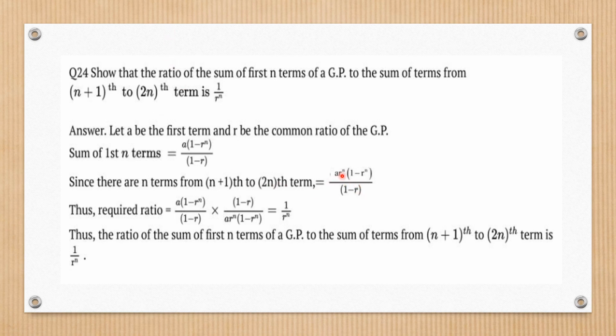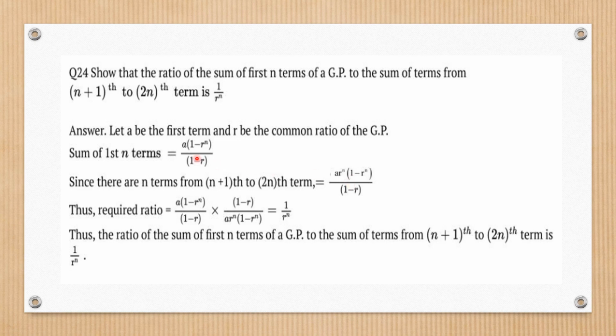The same formula we have to replace this. As for this GP, the first term was a, and common ratio is same for both of them, that is r. So this was your Sn formula, sum of n terms. And now for the sum from n plus 1 to 2nth term, the first term is ar raised to power n and r is same because common ratio is same, so rest is same.